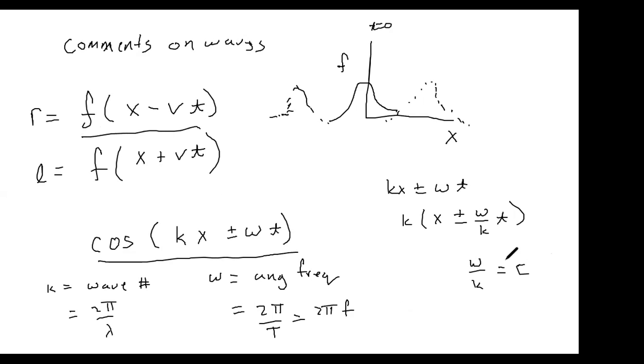So the ratio of omega and k in this wave solution gives the speed of light.